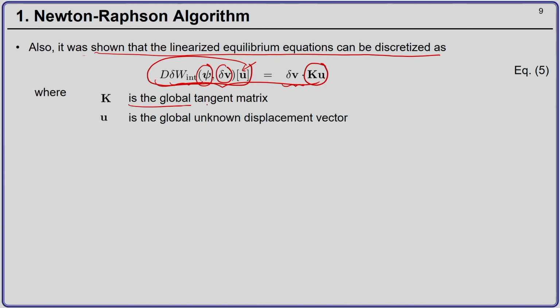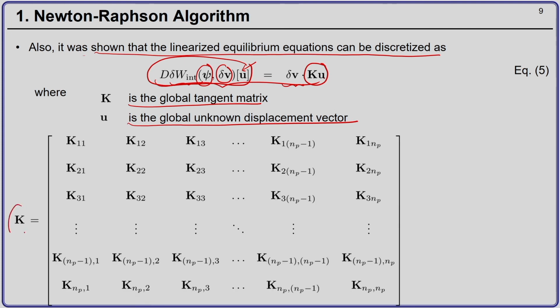Therefore, k is the global tangent matrix and u is the global unknown displacement vector. And the form of this global tangent matrix is shown in this matrix form.